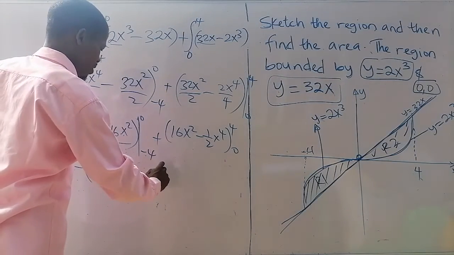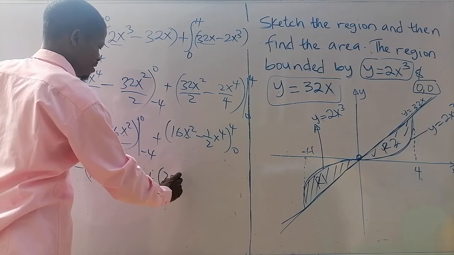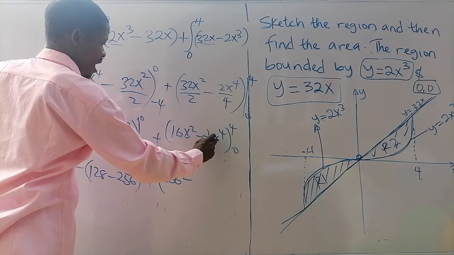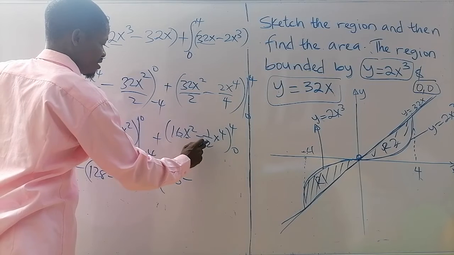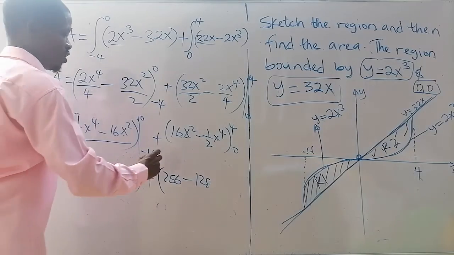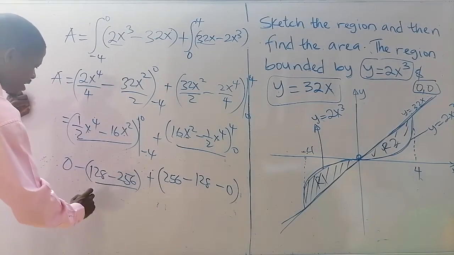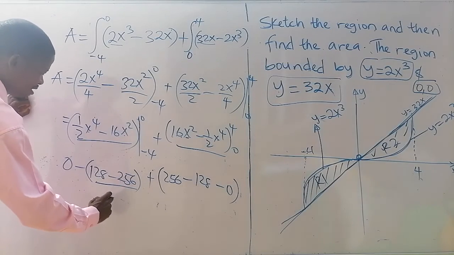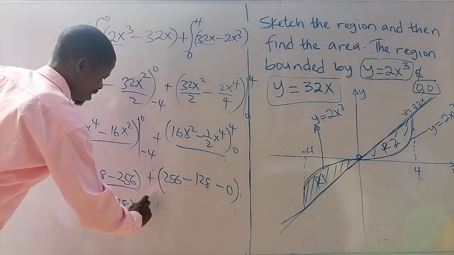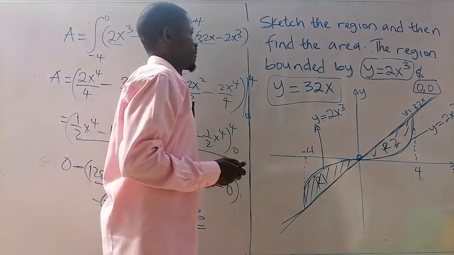Then for this one, we have the upper: 4 squared is 16, 16 times 16 is 256, minus 4 to the power 4, that's 256 times 1 over 2, that's 128. So that's for the upper. For the lower, putting 0 there will give 0. So here we're going to have minus 128, and don't forget the minus outside here. Then here it's going to give you plus 128. So your answer is 256.